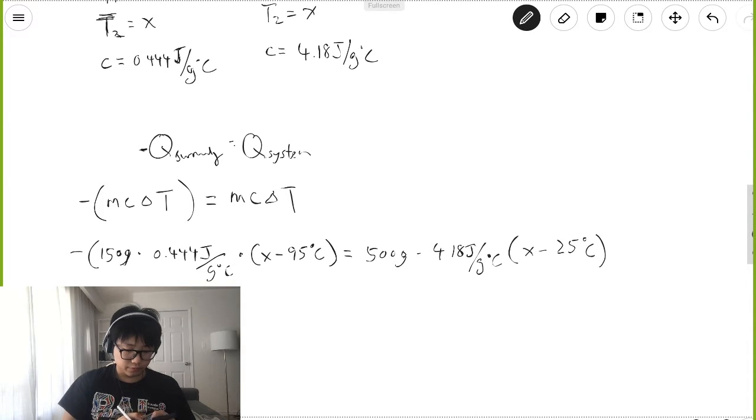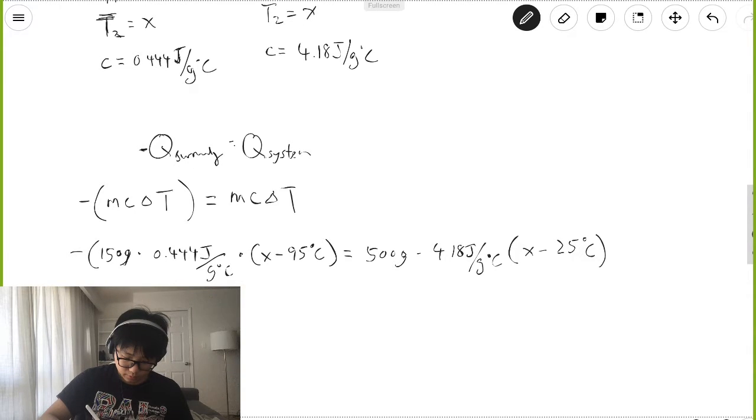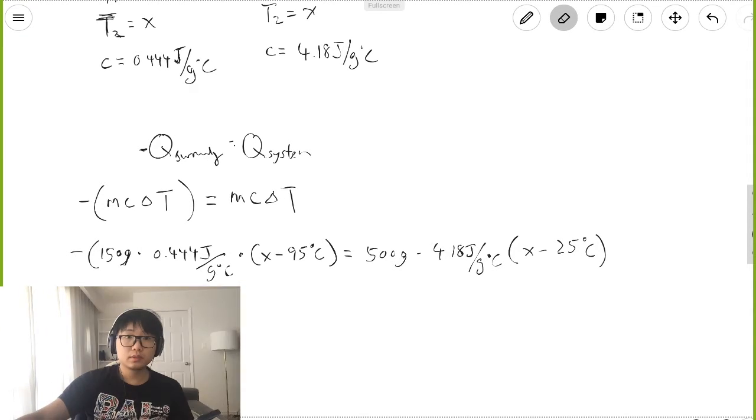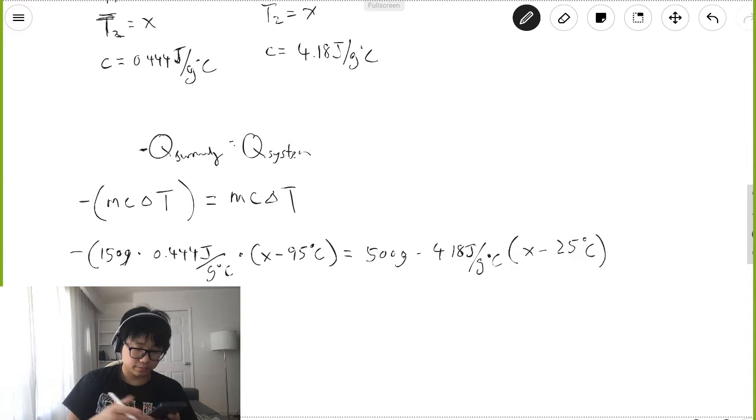So actually we can make a calculation from this. On the left side we have 150 times 0.444. We could distribute it into the brackets, so in that case we'll have 66.6 times X minus 66.6 times 95, which is 6327.